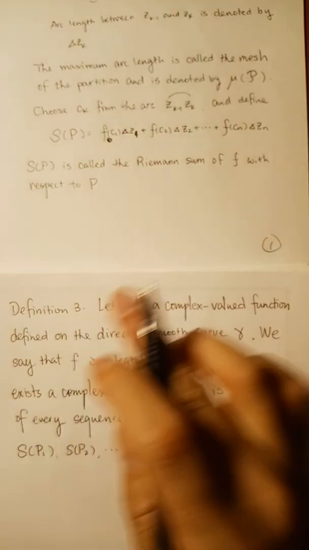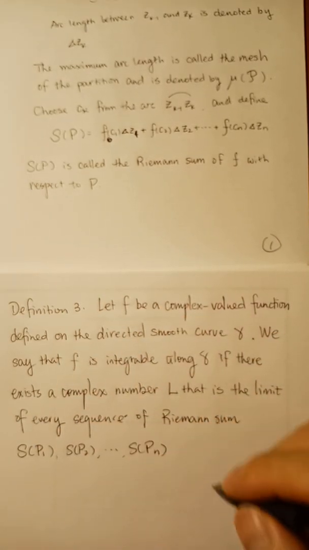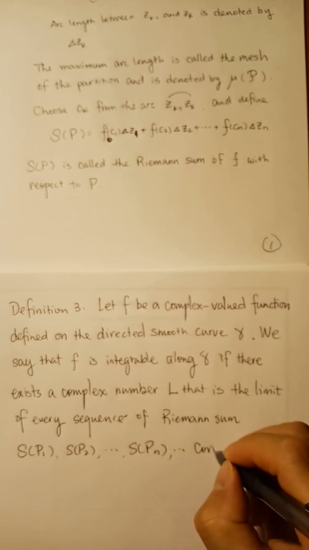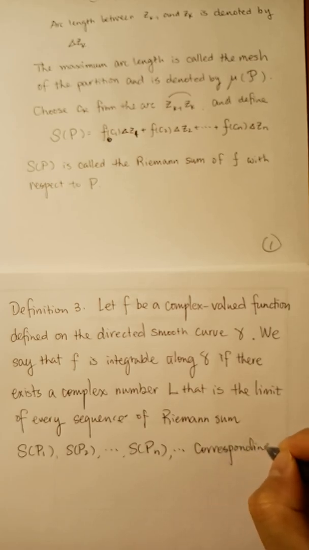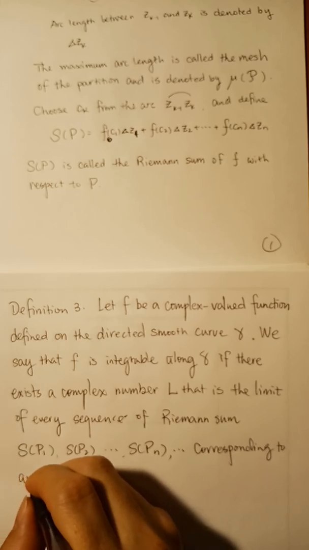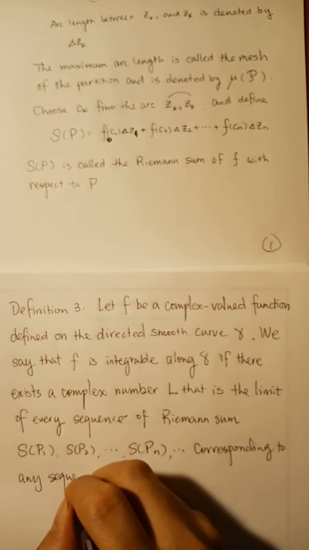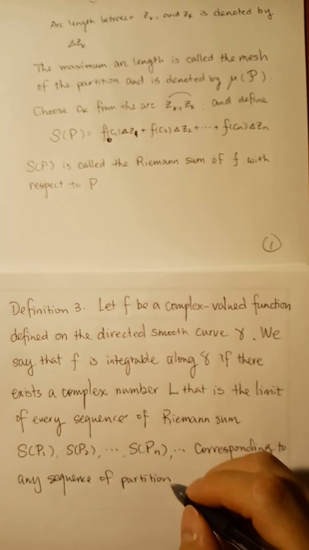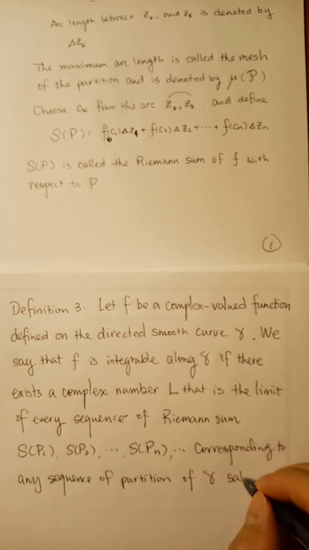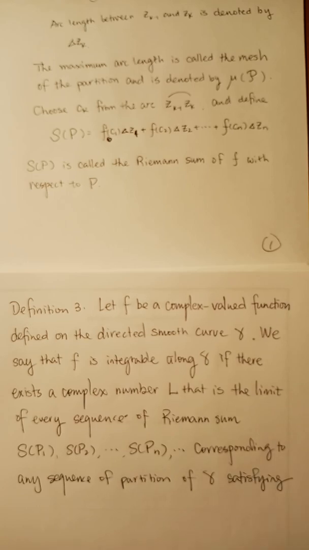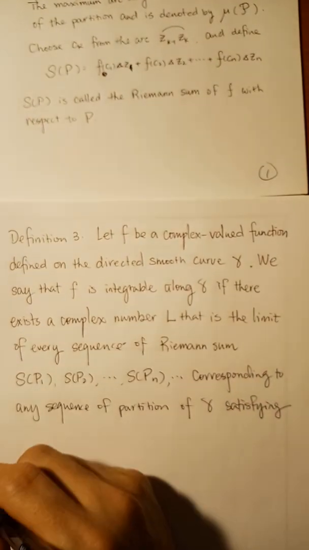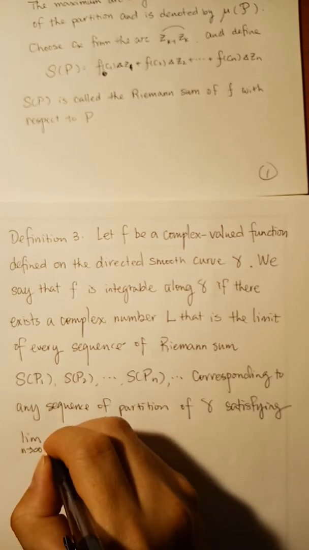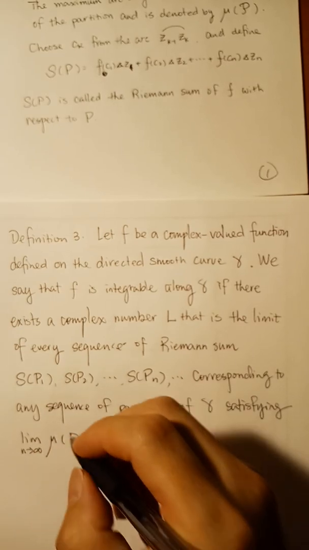S(Pn). Here n means how many cutting points are contained in this partition, and it is an infinite sequence corresponding to any sequence of partitions of gamma satisfying the limit as n approaches infinity of the mesh of Pn is 0.